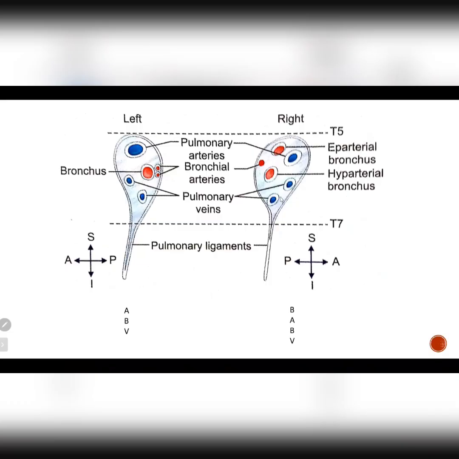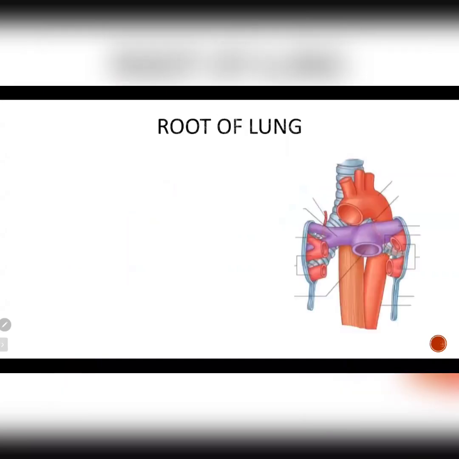You can use any acronym or memory aid you want, but please learn these structures from superior to inferior. These structures will also help you to score a little more in your exam. If you get these basic points right, it'll give you a sense of peace and calm mind in the exam. Those are the structures at the hilum of lung.